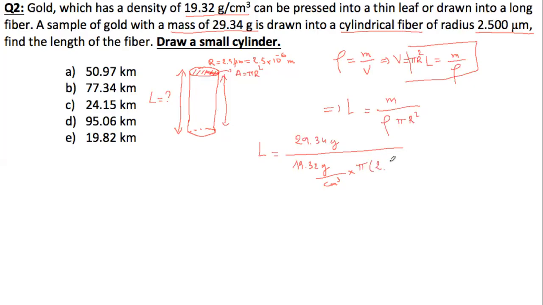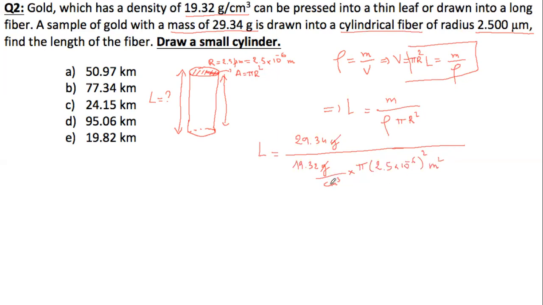R will be 2.5 times 10 to the power minus 6 squared. And of course, you will have it in meter squared. So what do you notice? Gram and gram will simplify. Now I have centimeter cube here, and I have meter square.